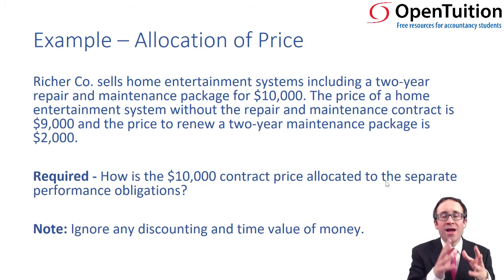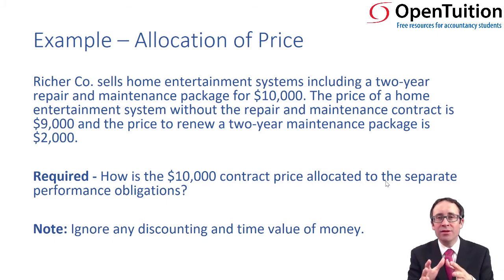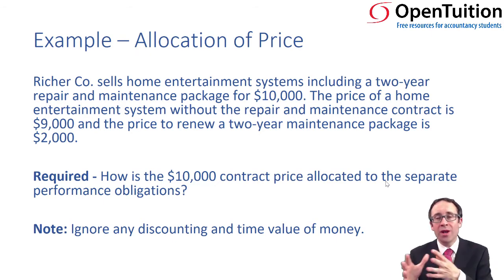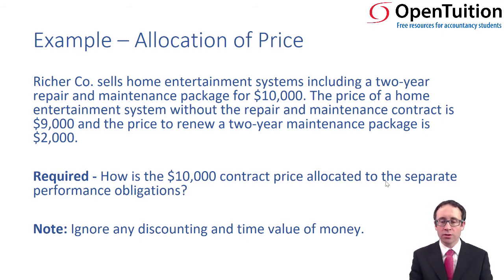Of that, 9,000 out of the 11, so 9/11ths, will be allocated to the goods, the entertainment system, and then 2/11ths will be allocated to the maintenance and repair package. How do we then apply that? Well, we're applying the 9/11ths and the 2/11ths to the transaction price of $10,000.